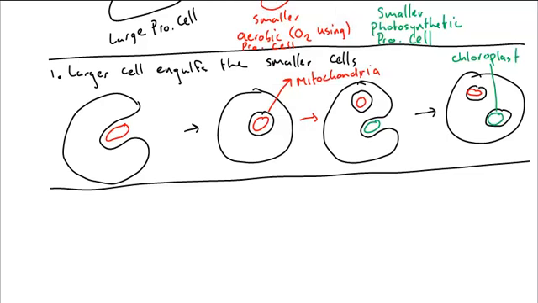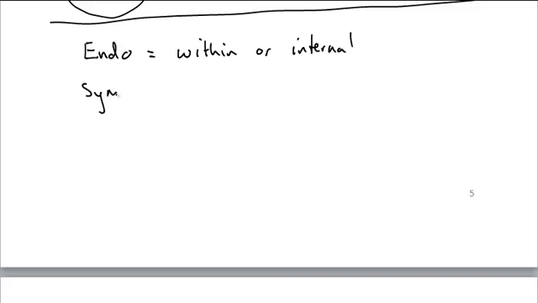And the reason it's called endosymbiotic theory, endo means within or internal, and symbiont, think back to grade 10 science, or to something like alien.